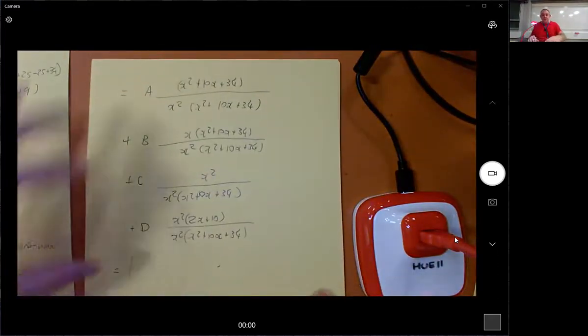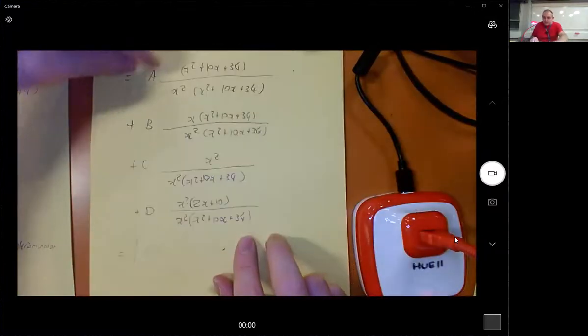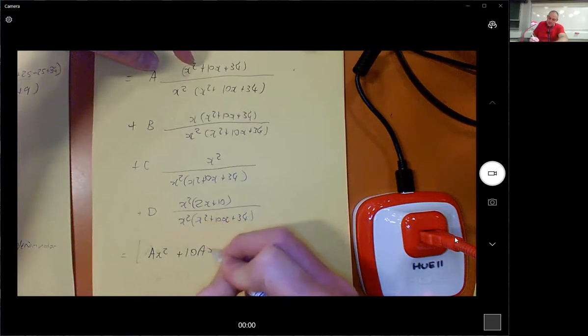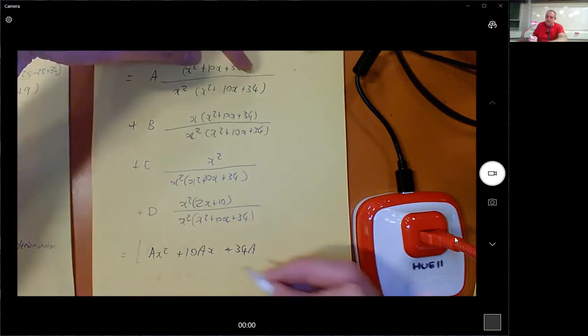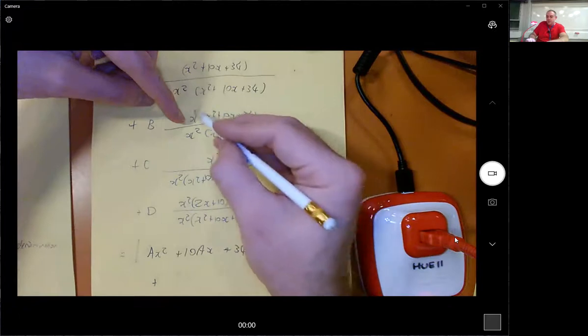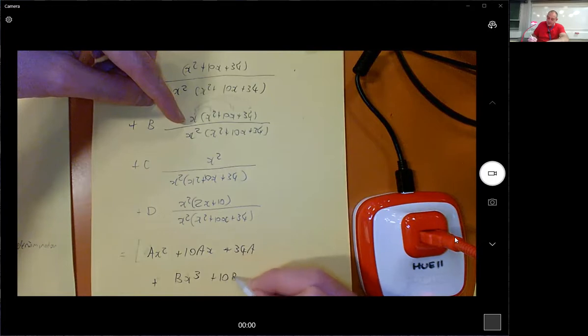Okay, so this thing is equal to we've got ax squared and 10ax and 34a here. And here we have b, and this multiplied through will give me an x cubed, a 10x squared, and a 34x. So I've got bx cubed plus 10bx squared plus 34bx.